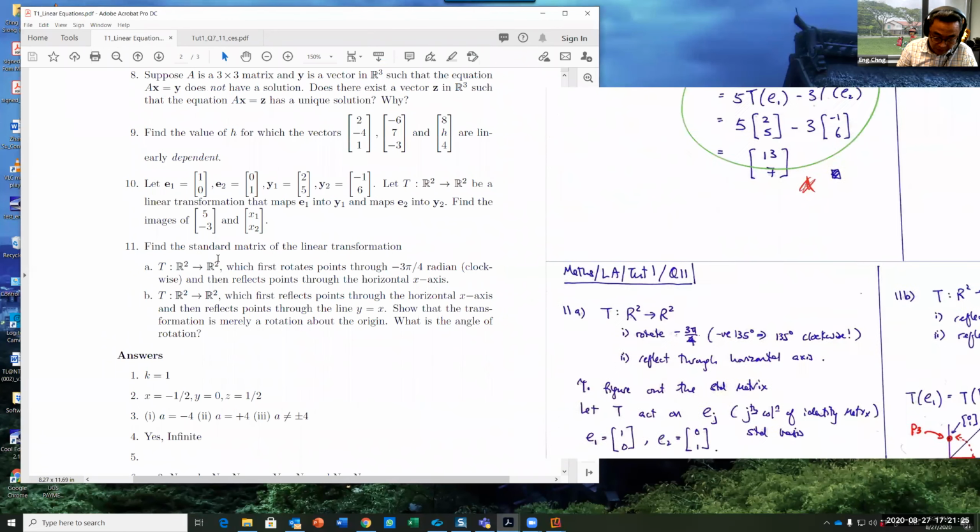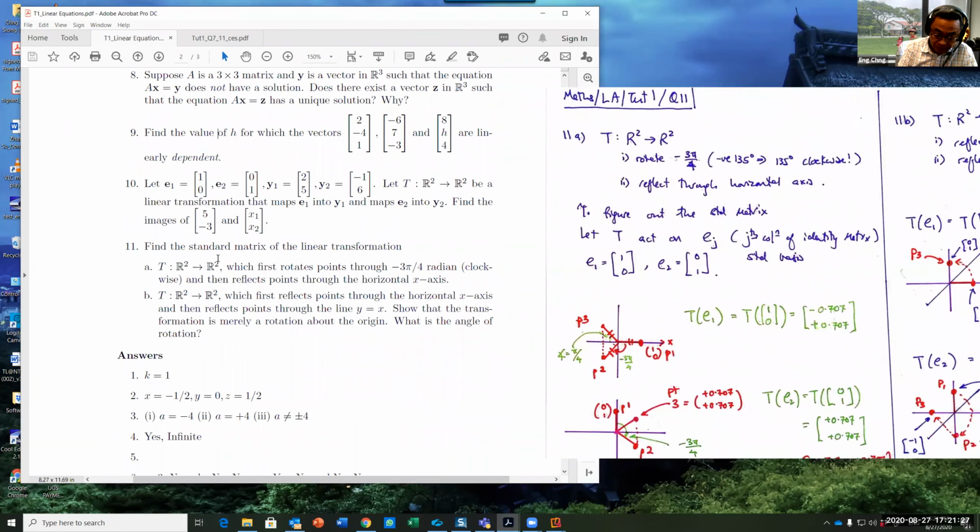So in the last question, he wants to find the standard matrix of linear transformation. There are two questions, A and B, and they are different standard matrices.